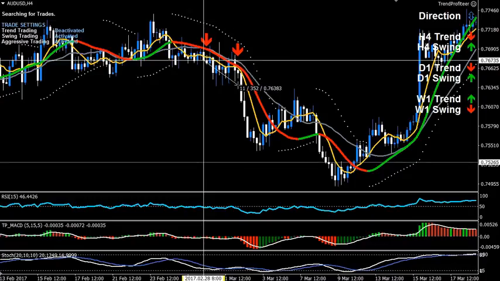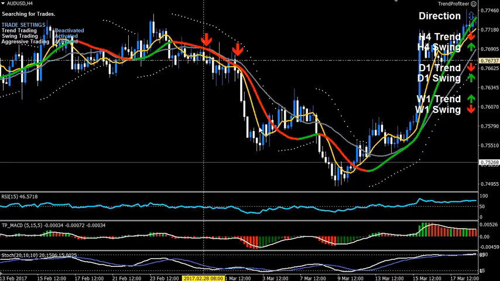And looking at our targets, we've got 30 pips here, giving us a 1-to-1 reward to risk ratio. 60 pips here, giving us a 2-to-1 reward to risk ratio. 90 pips here, giving us a 3-to-1 reward to risk ratio. Make the 120 pips actually pretty comfortably for a 4-to-1 reward to risk ratio.